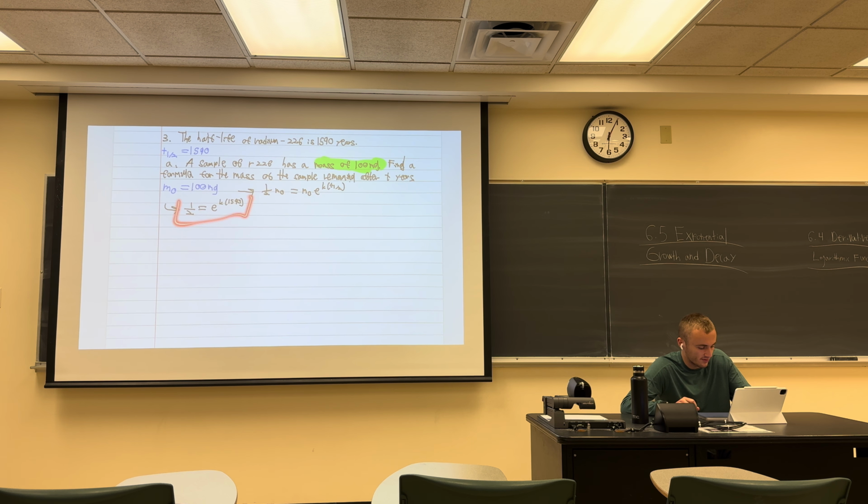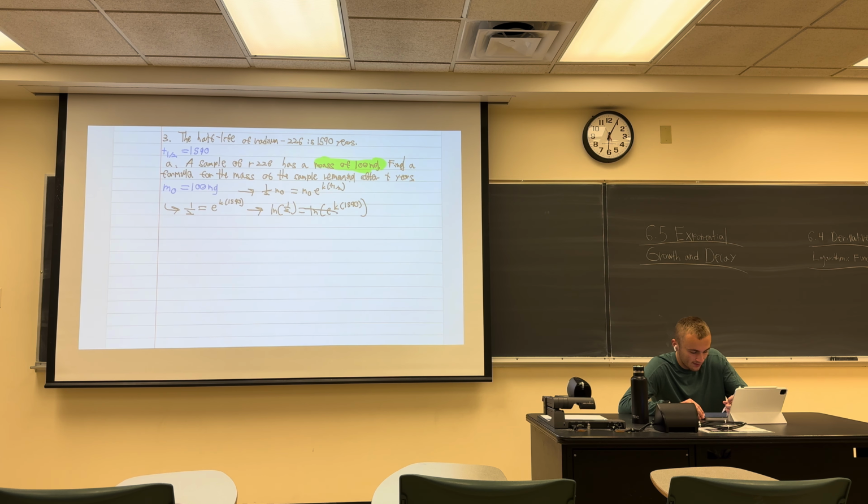So now we're left with this, which is fairly simple at this point. We see e has an exponent there that indicates we need to take the natural log of both sides, so ln of 1/2, this should be a review from pre-calc, equals ln of e to the k times 1590.